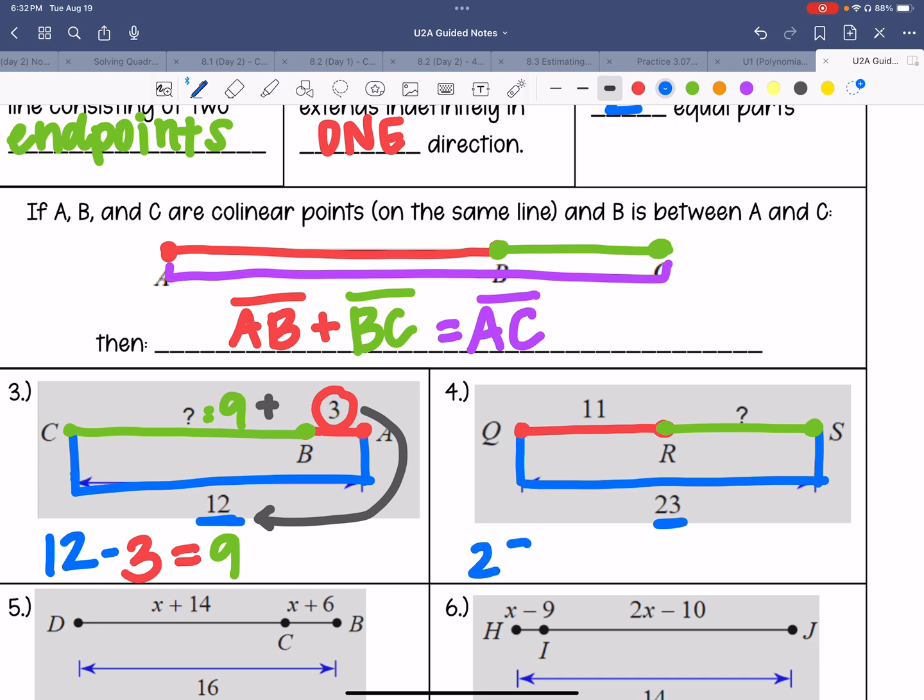So again, we can take our entire segment, subtract the part of the segment that we are given, and that's going to leave us with the other piece, which in this case would be 12. And we can always check ourselves, because if we add 11 plus 12, if we take each individual piece of that segment, we do end up with the whole segment, which is 23.